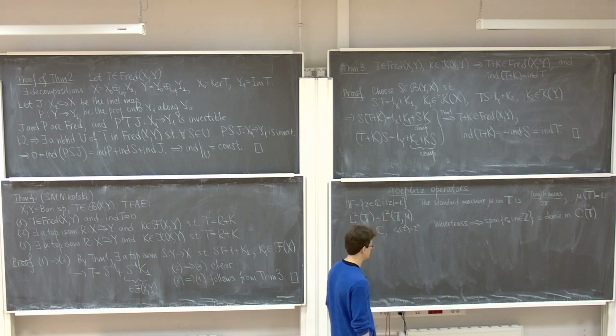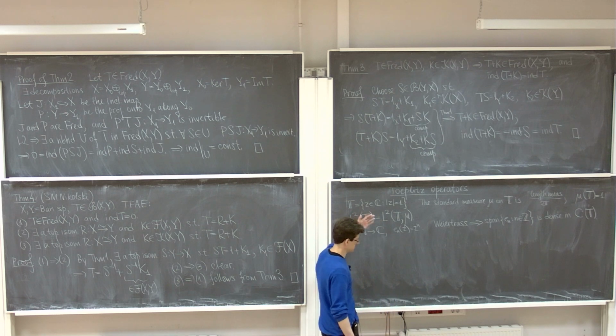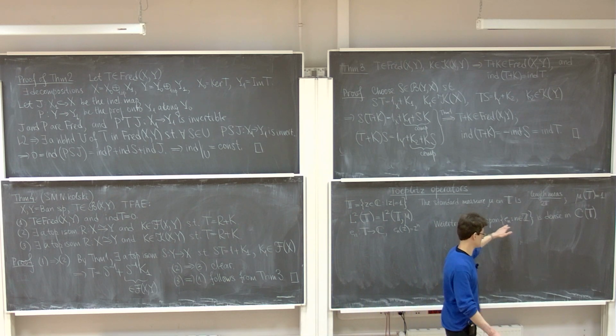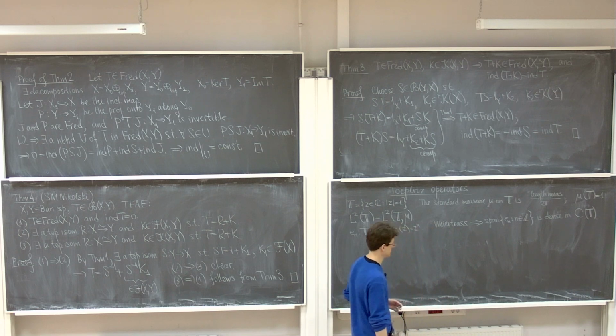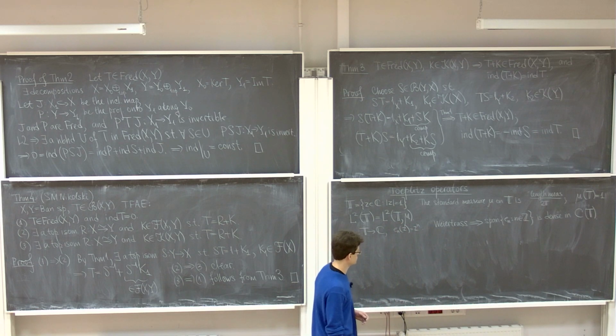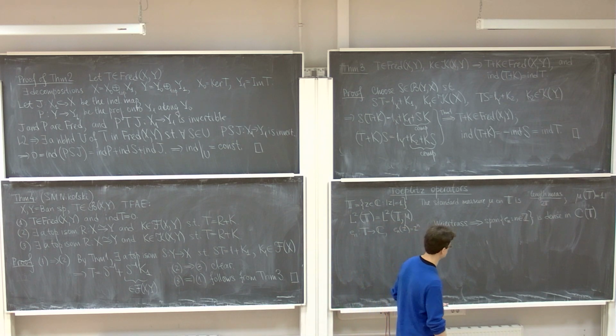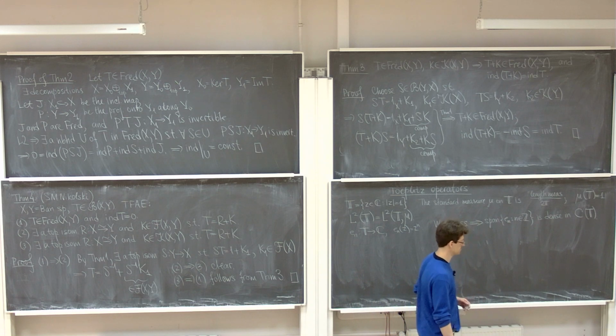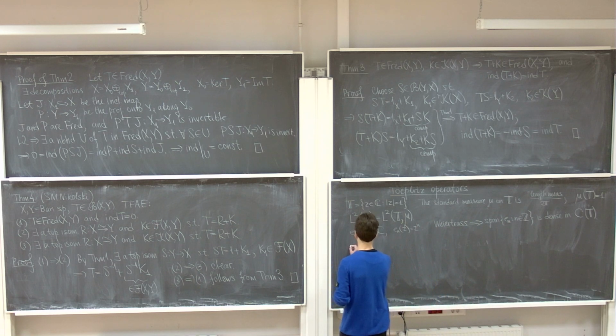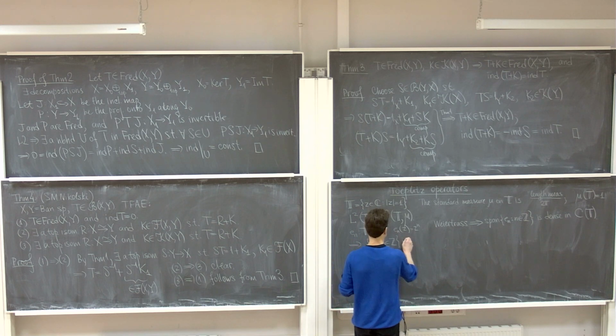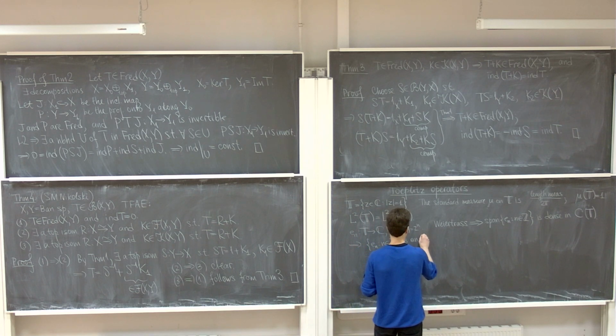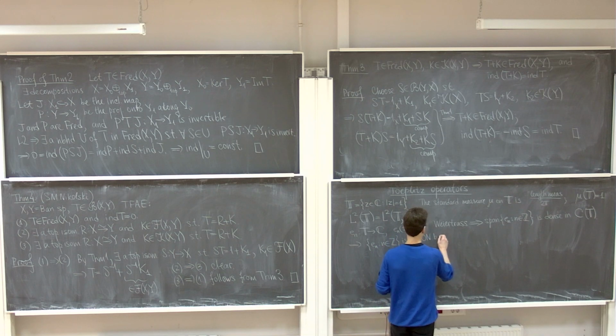And since C of T, the space of continuous functions, is dense in L2 of T, this implies that this space is also dense in L2 of T. And moreover, it's well known and easy to calculate that this is an orthonormal family in L2 of T. So this implies that the set e_n is an orthonormal basis of L2 of T.